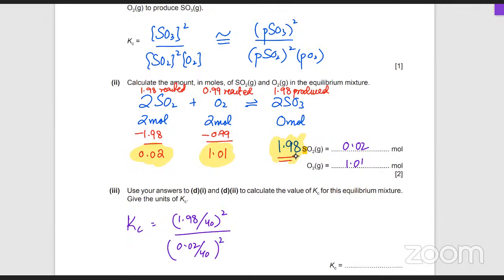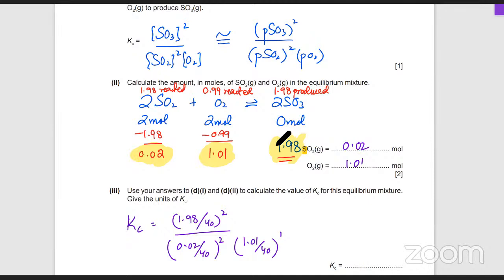Okay, O2, that's 1.01 divided by 40, and that's power 1. ठीक है, ये भी कभी ना भूलना कि always remember it's not moles that are used in the expression, it's concentration. So moles over volume.